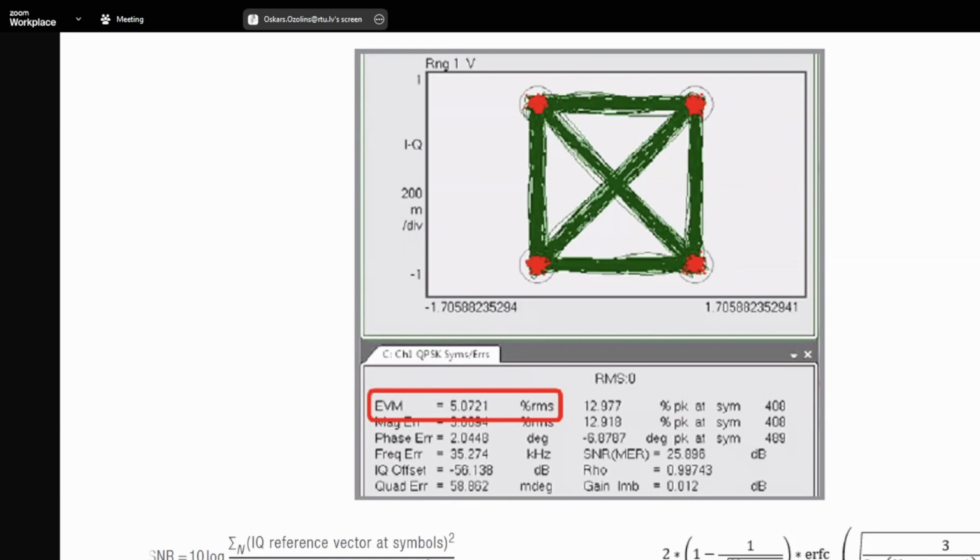For this EVM estimation to be very accurate, you need to have these round constellation points. If you are severely limited by the phase noise, then maybe the EVM might not be accurate with the counted bit error rate. And of course that depends on what signal to noise ratio you have.